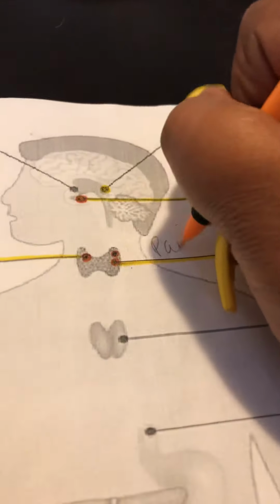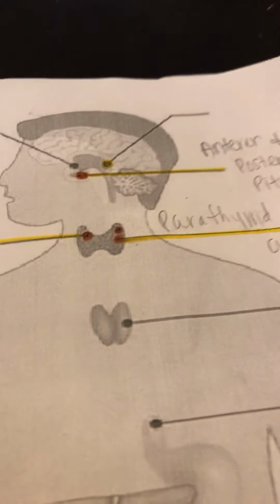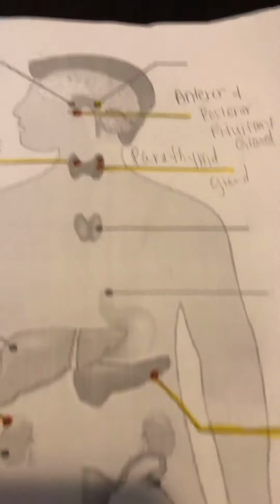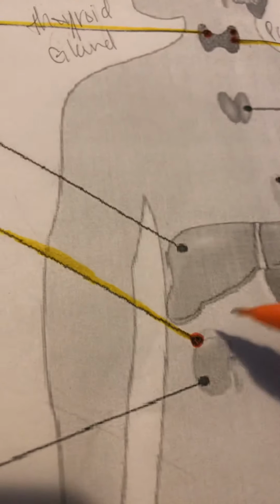And the parathyroid. Okay. And then here we have the pancreas. And then the adrenal gland.